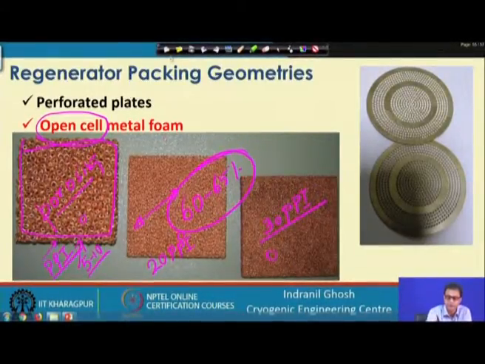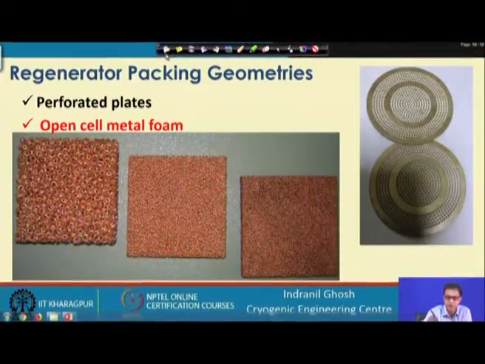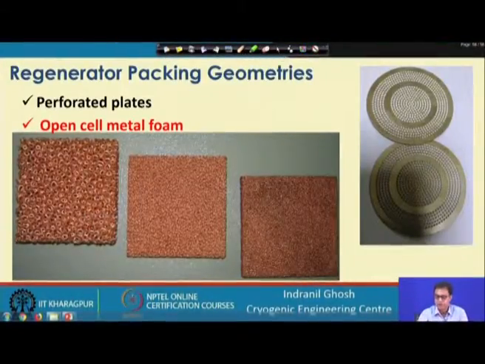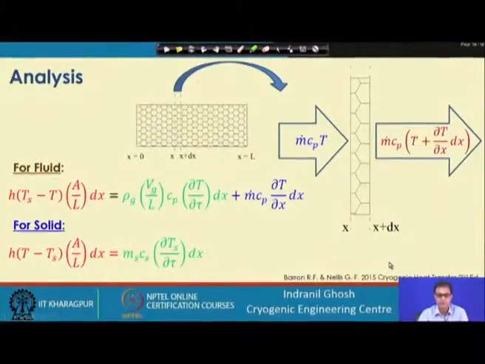These are some of the recent additions to the regenerative material packing geometries, but with this basic information we will now go to the analysis part, where we will find that in one cycle the fluid is flowing from this direction to this direction.